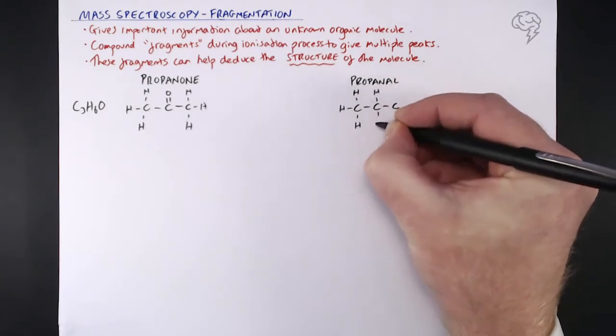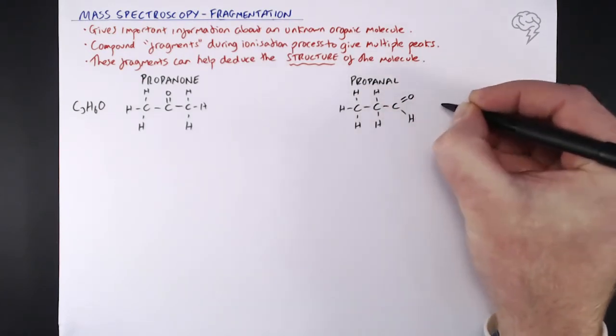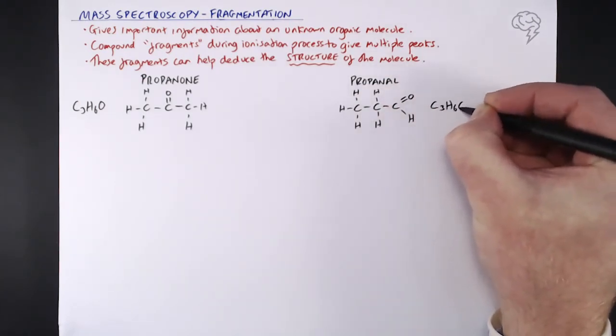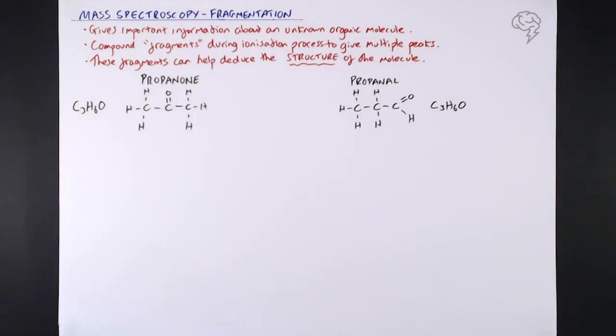That C double bond O is now on the end carbon, so that means it's an aldehyde. So, as I say, two different molecules here, a ketone and an aldehyde, but both of them with the same molecular formula, C3H6O.